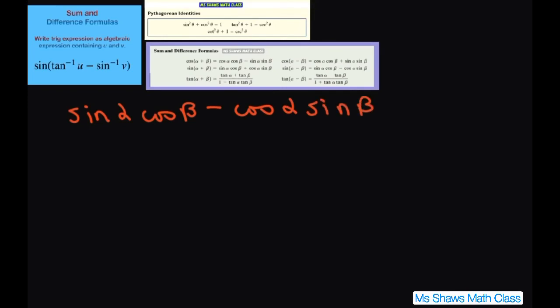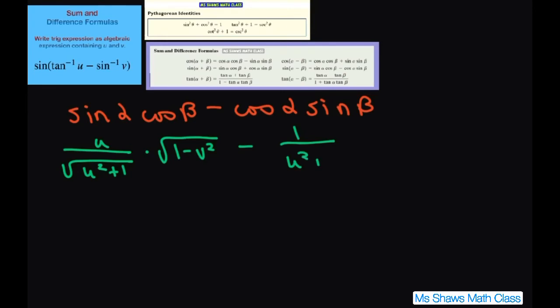So filling everything in, sine of alpha was u divided by the square root of u squared plus 1, and cosine of beta was the square root of 1 minus v squared. Then you have minus 1 divided by the square root of u squared plus 1 times sine of beta, which was v.